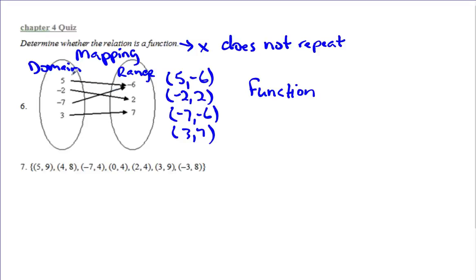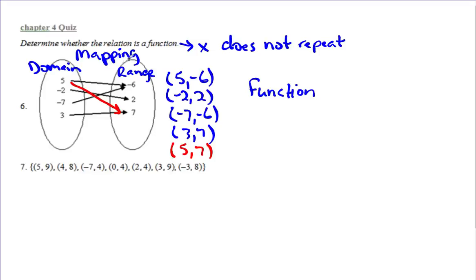Okay. So let's say, hypothetically, there was an additional arrow pointing like this. So that would give us another point that says 5, 7, right? And then this would stop being a function because then you'd have 5 and then 5 again.